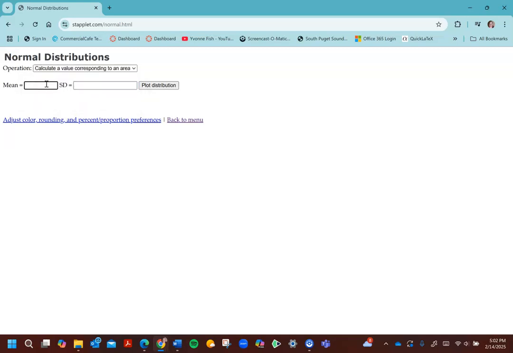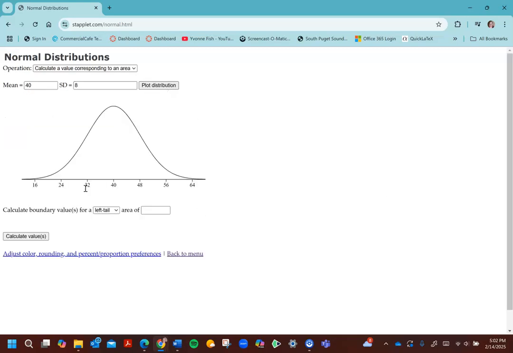I'm going to put in the mean as 40, standard deviation as 8, and then we're going to plot the distribution. We'll get our picture with all our values there. And we need a left tail, and that will be an area of 10%. So we're going to put 0.1, we put it in as a decimal, and then we calculate our value.